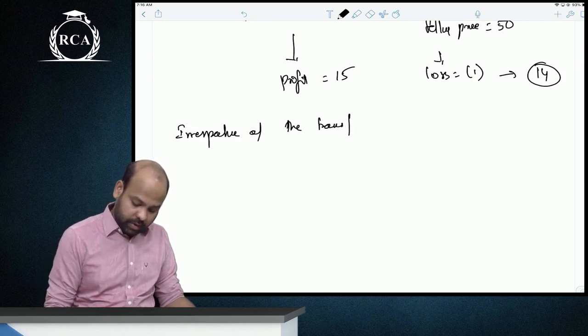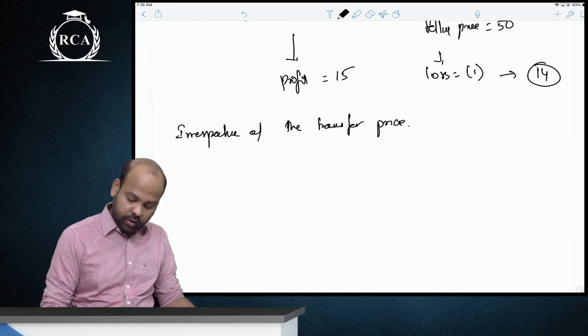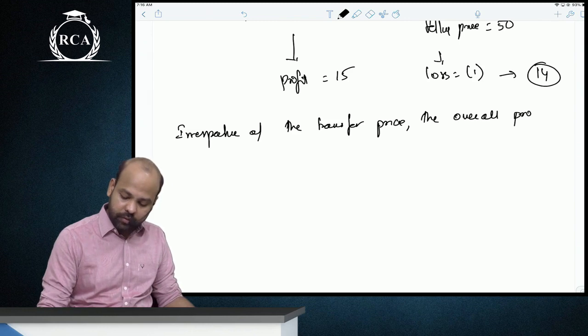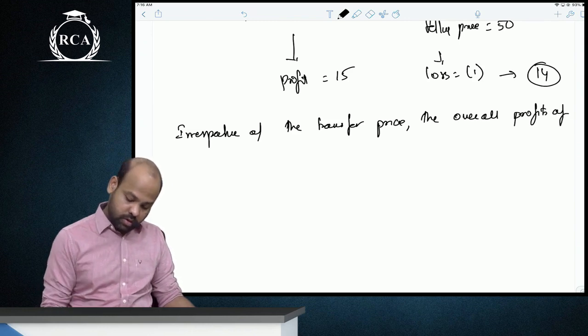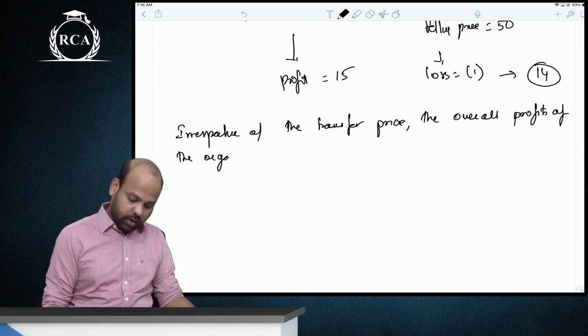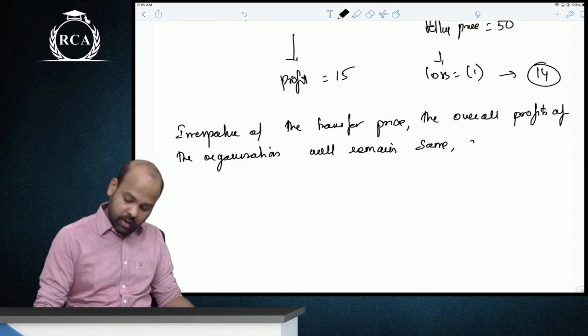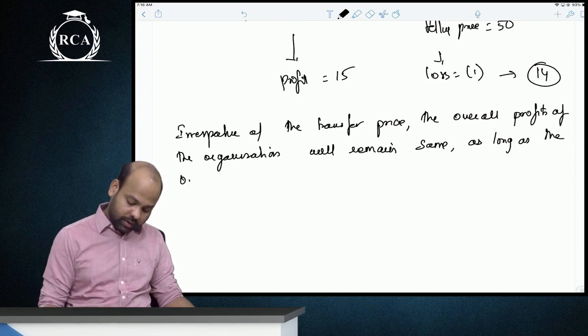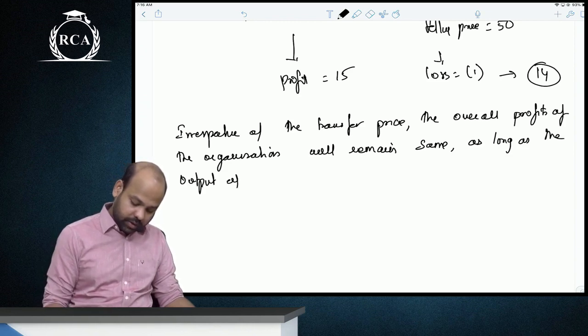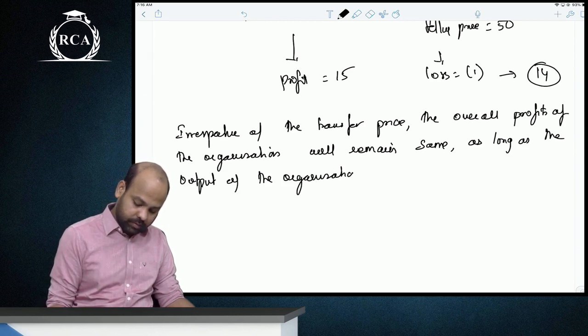will remain same, as long as the output of the organization does not change.